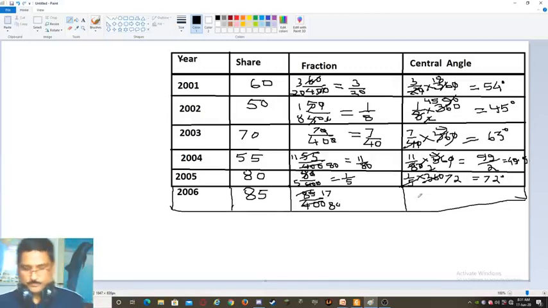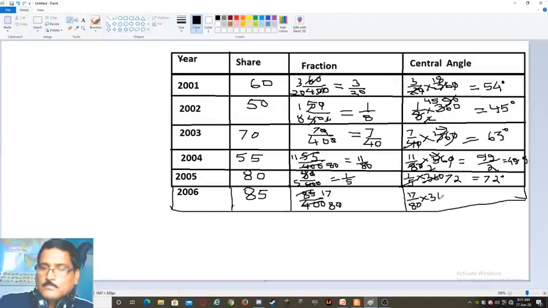It will be a very peculiar type of answer. So 17 by 80 multiplied by 360, zero cut. If you cut by 4, you will get 2.